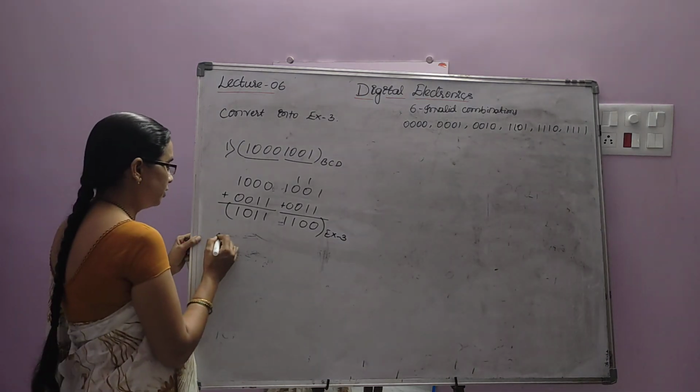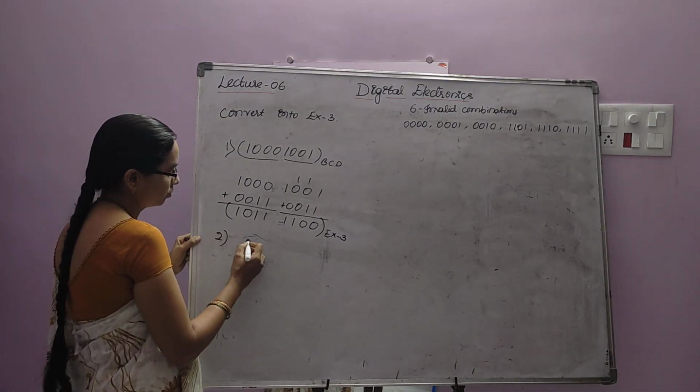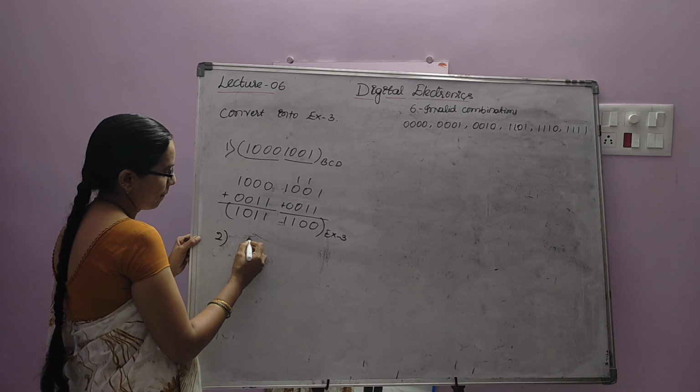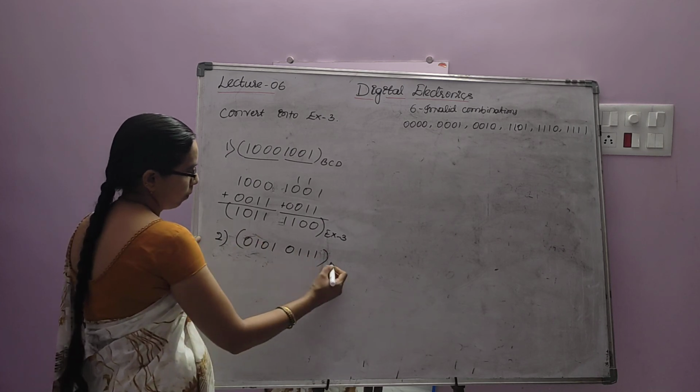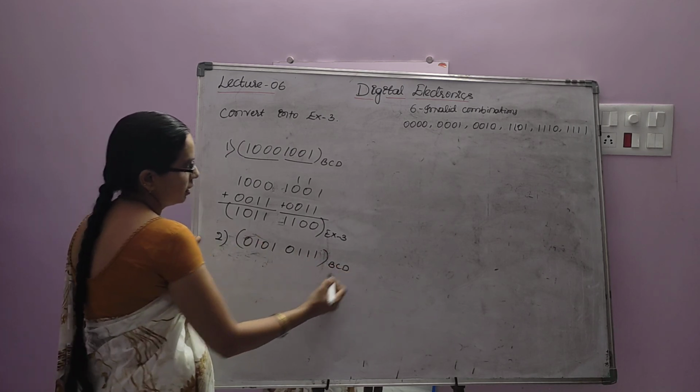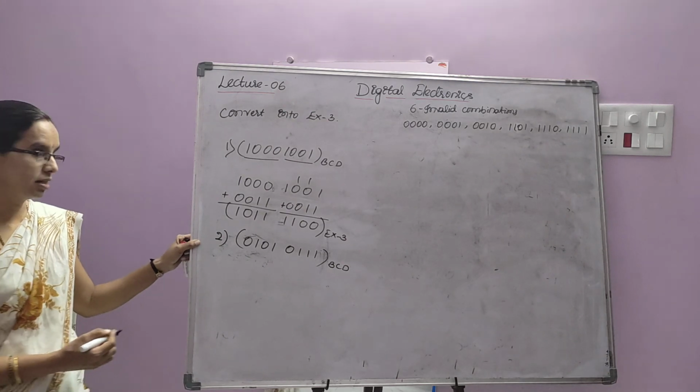Okay, and the second one, this is the BCD. Convert this into excess3.